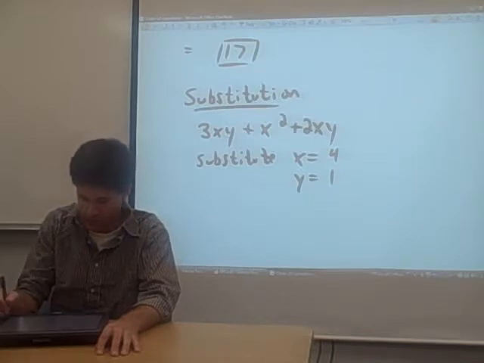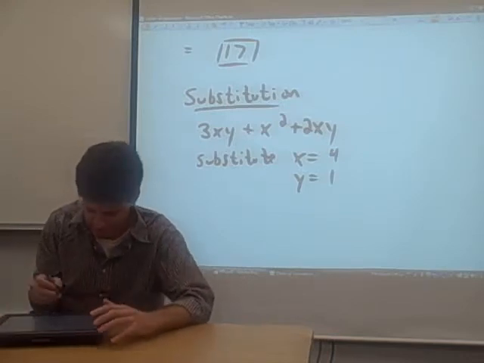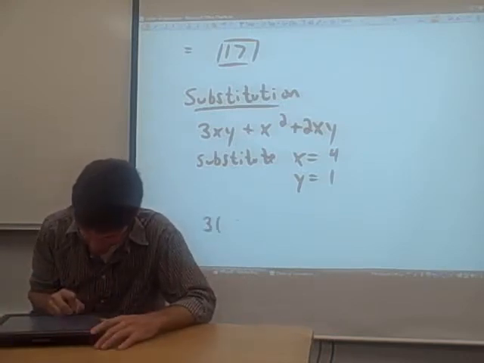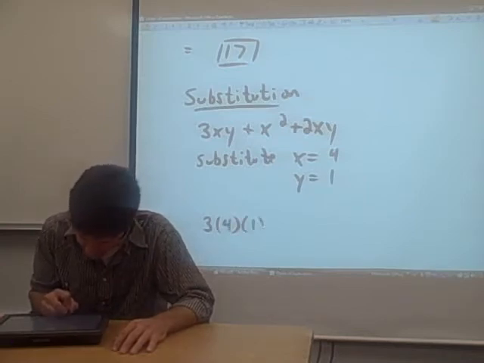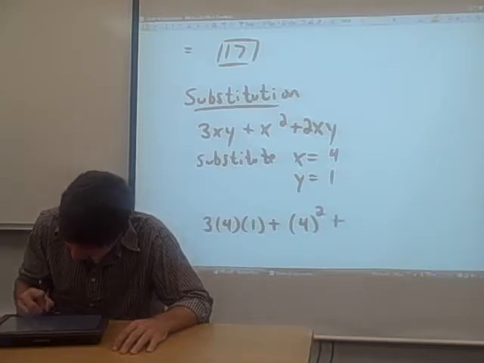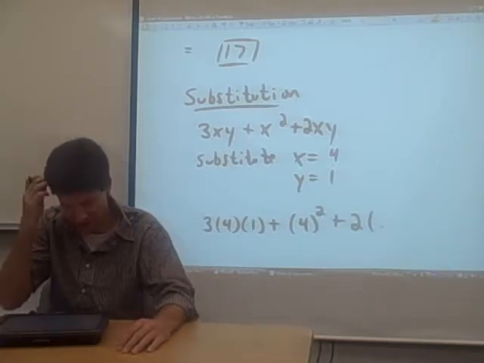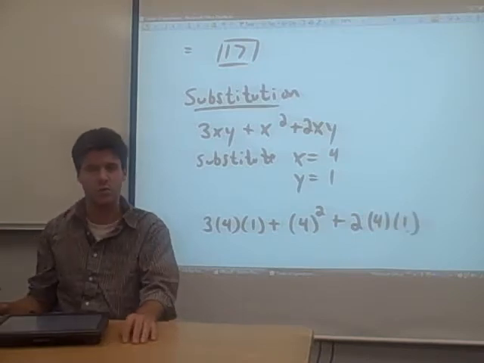The only rule that I would encourage you to remember here would be to put every substitution in parentheses. So there's an x that we're going to substitute, so we're going to put that in parentheses. The y we're going to put in parentheses, and so on. Every time I see an x, I'm replacing it with the 4. Every time I see a y, I'm replacing it with the 1.